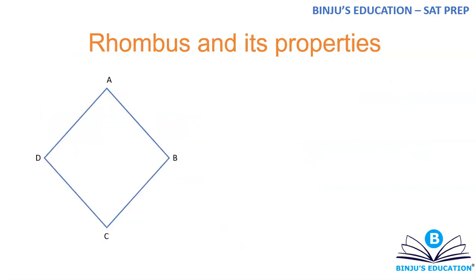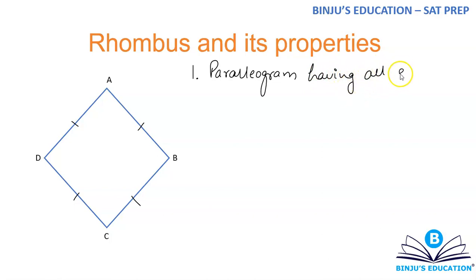Okay, next one, this is important. You do get questions from rhombus. So it's a parallelogram whose all sides are equal. It's a parallelogram having all equal sides.